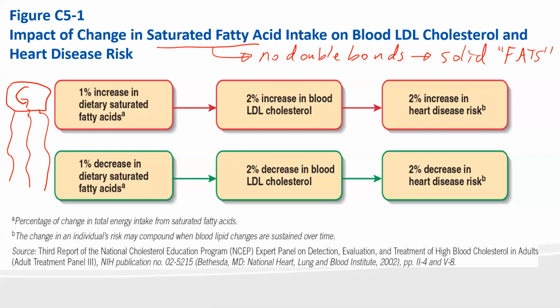And like I said last time too, it's really hard to just say saturated fats are bad, because there's probably some that are worse for you and some that are better for you, because there's a whole bunch of them. And there are so many other complicated risk factors. Some people exercise a lot, some people are very sedentary. There are so many things that come into the risk for heart disease.